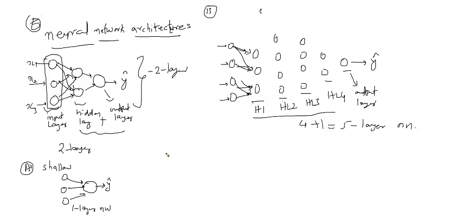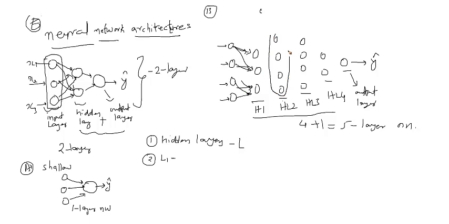Generally, when we say architecture, the parameters are the number of hidden layers, L, and the number of output layers, which is one. In each hidden layer, let's say layer L1, you have a number of units.